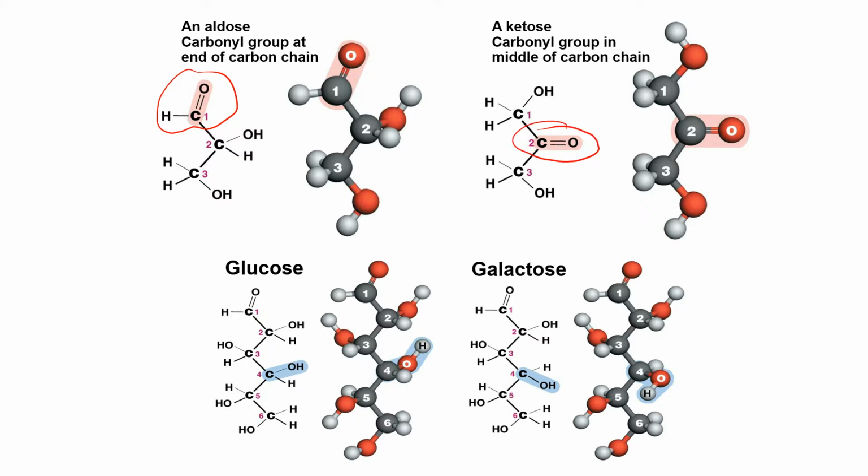Again, glucose and galactose have the same chemical formula, but guess what? They are isomers of one another.